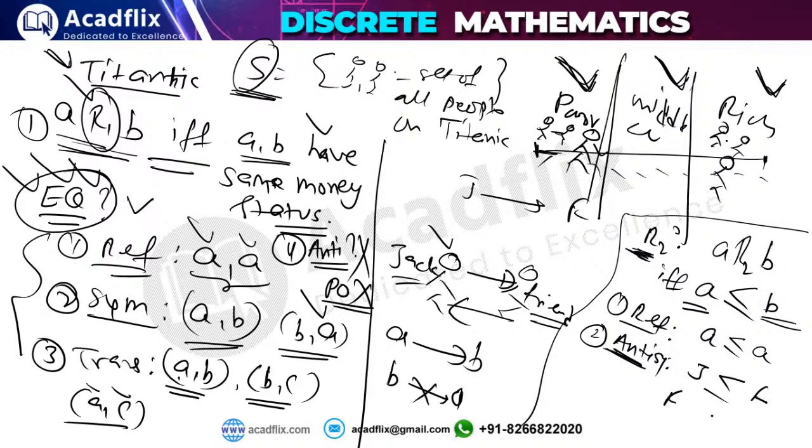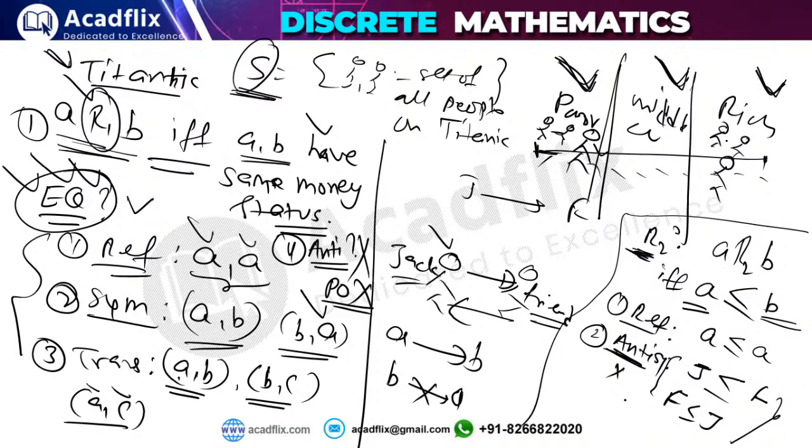Now his friend is also less than or equal to Jack, because both have the same money status. So the money status of Jack is less than or equal to his friend's, and also the friend's money status is less than or equal to Jack's. So this is not anti-symmetric.